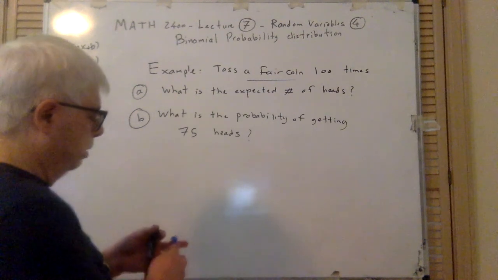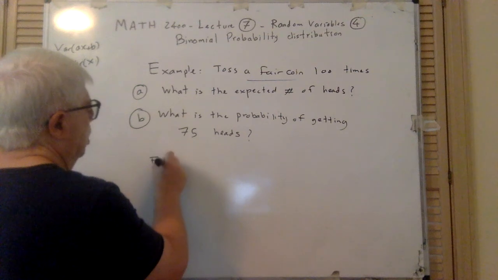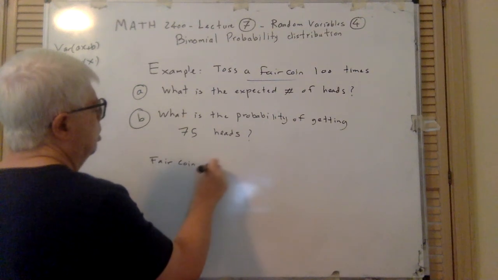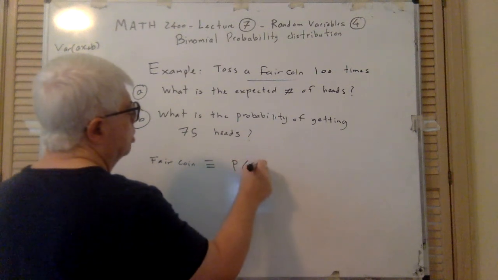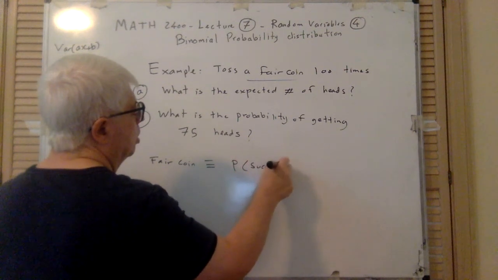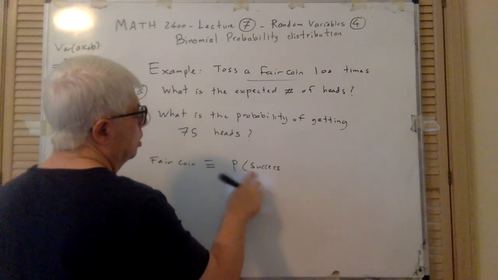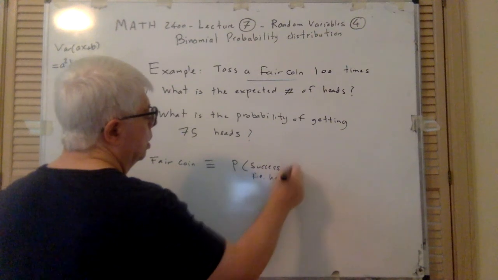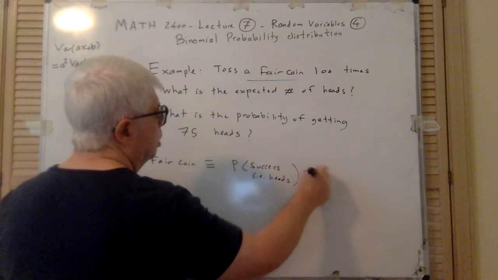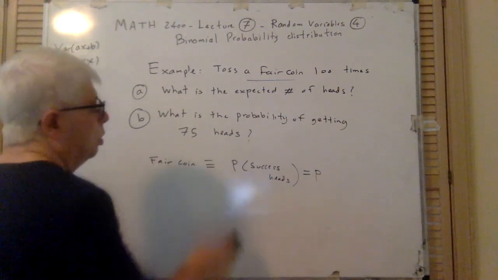So what is p here? If it is a fair coin, p means the probability of success, that is, heads, and tails has the same probability.